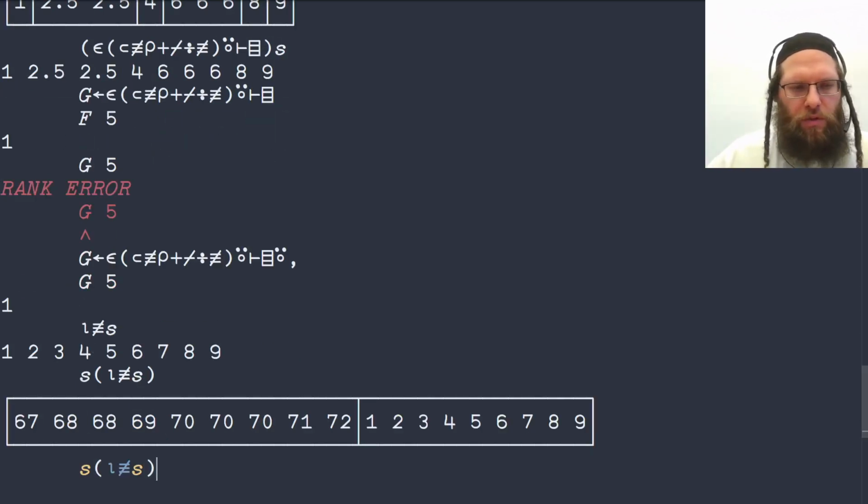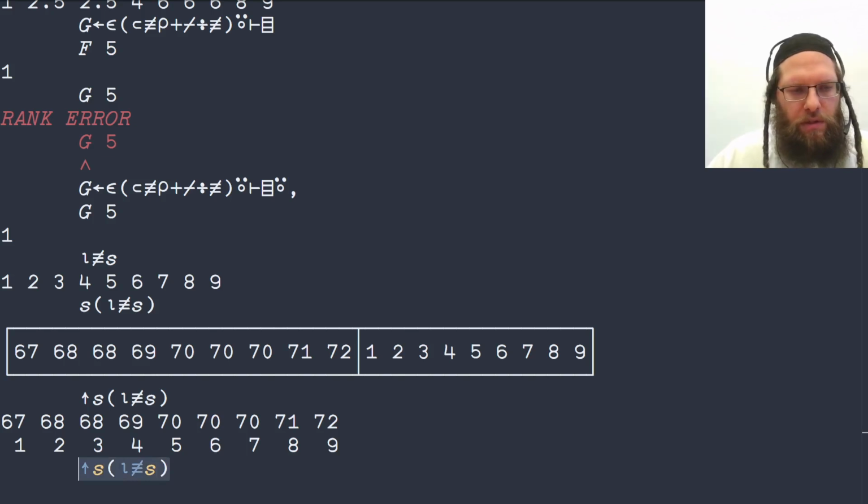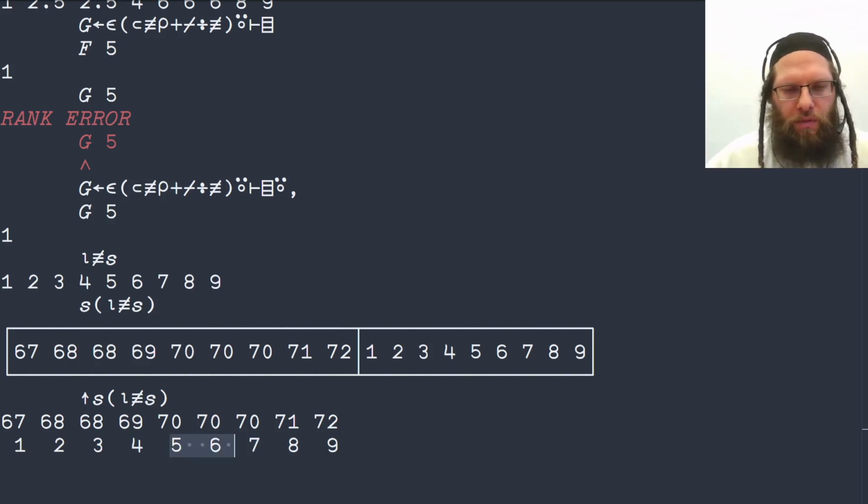That gives us a two-element vector, and then we can mix them to make it into rows of a matrix, and that gives us this. So now, let's look at the 70. We don't actually need all the values 5, 6, and 7 to get the average. We could just take the smallest value and the largest value, add those together and divide by 2. That would give us the average, because it's a contiguous range of adjacent indices.